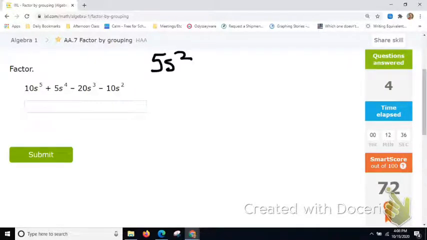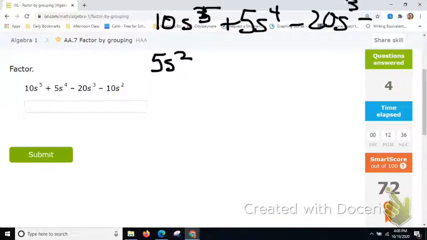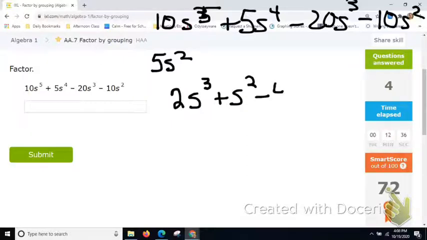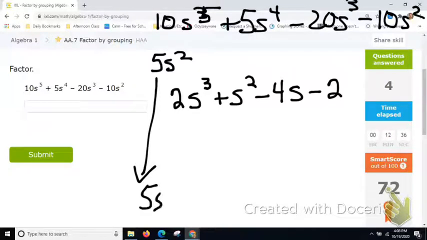So I'm going to divide everything at the beginning by 5s to the second, and I get 2s to the third plus s to the second minus 4s minus 2. And this guy, he's a common factor. He's going to be part of the outside of the sets of parentheses, 5s squared.